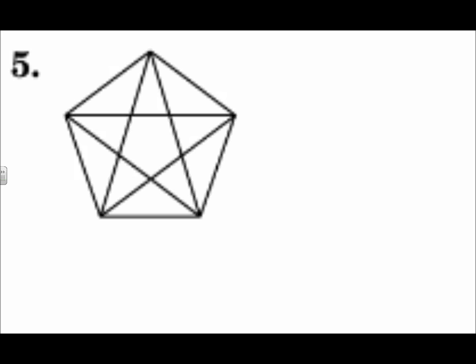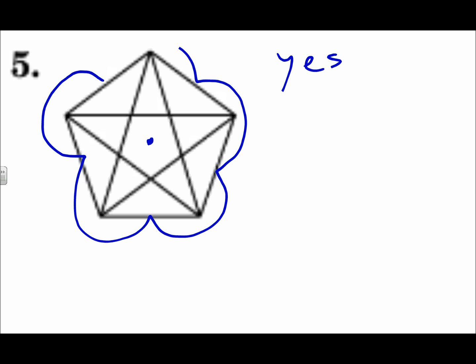Number 5, does this have rotational symmetry? Yes, this certainly can rotate and map onto itself. So yes, there is rotational symmetry. The center of symmetry is right there at the center of the shape. The order is the number of times it maps onto itself. If you take this side, it goes 1, 2, 3, 4, 5 times in a full circle.